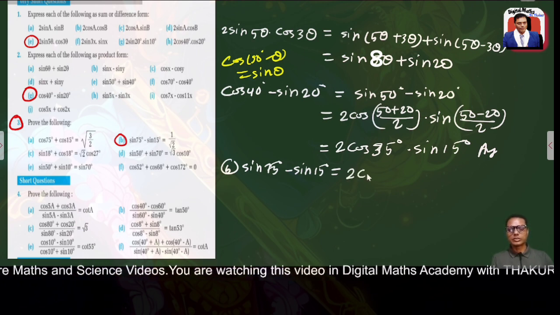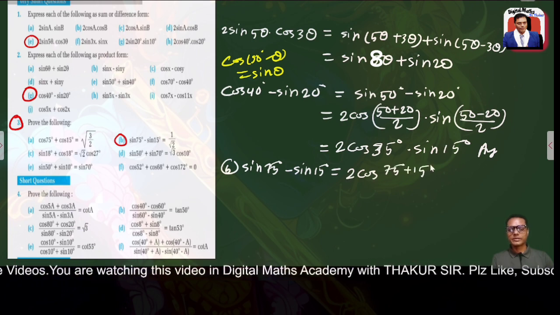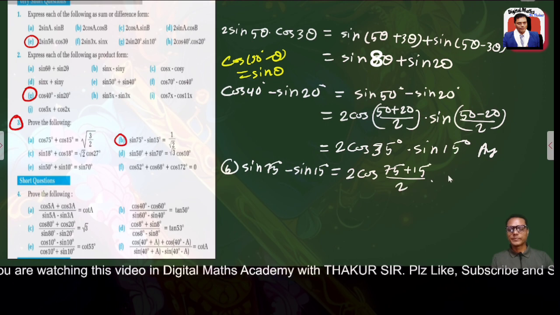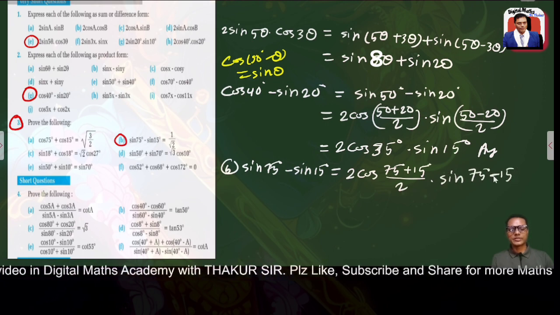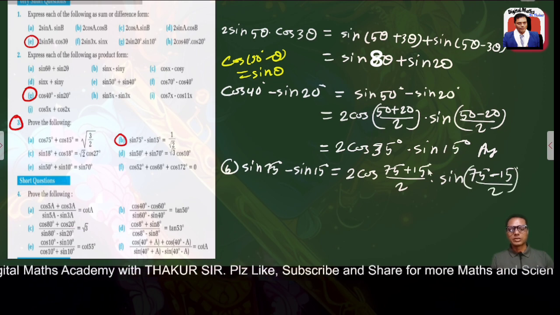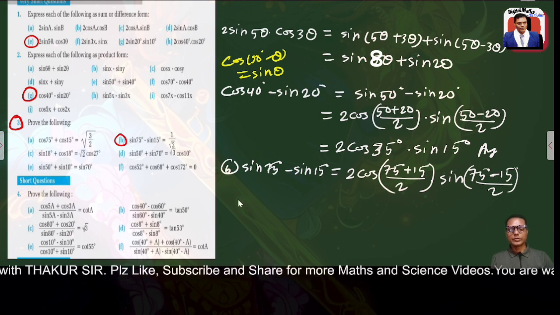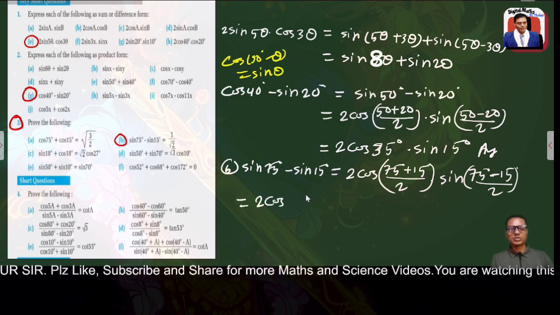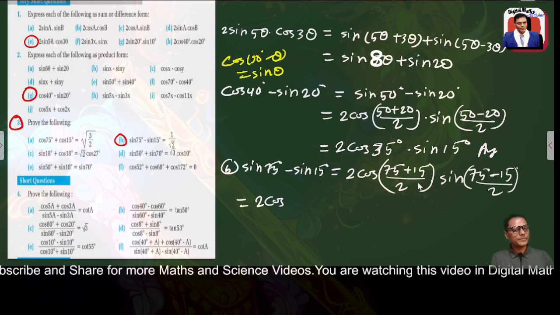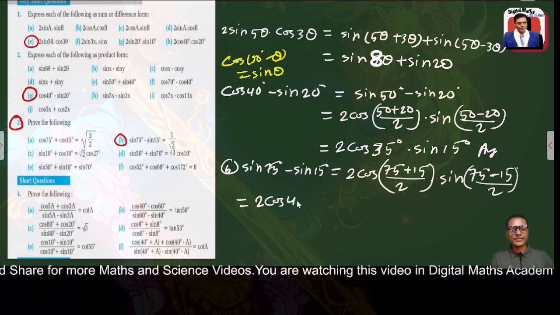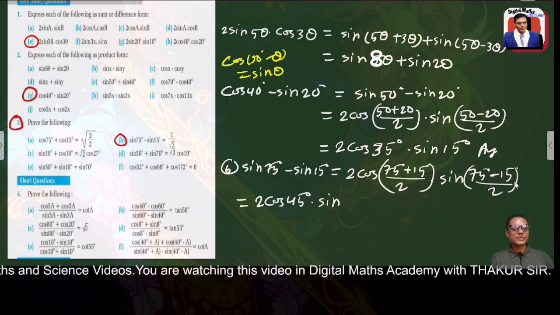So we can write 2 cos((75 plus 15) by 2) dot sin((75 minus 15) by 2). Yes, 2 cos((C plus D) by 2) dot sin((C minus D) by 2). And then we get 2 cos, 75 plus 15 degree is 90, 90 by 2 is 45 degree. So we get 45 degree dot sin of 75 minus 15.